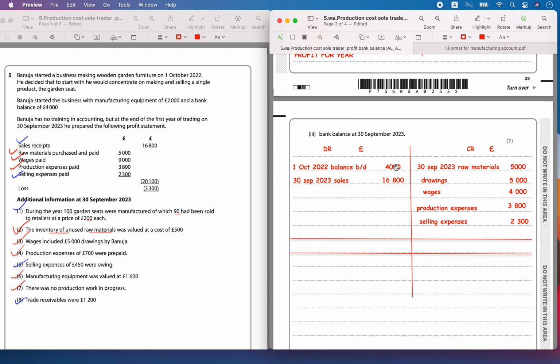Here on this side it is 20,800. It is a big amount. So we have to total whichever is on the big side, so 20,800.